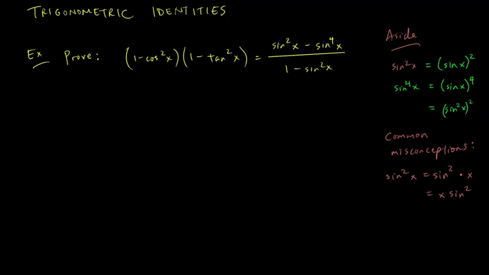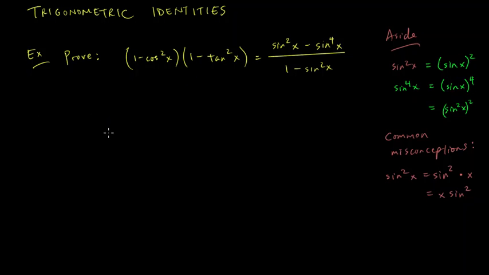Okay. So when you're looking at this, you're going to ask yourself, which one of these is more challenging? The left side or the right side, which one you want to deal with first? To be honest, these seem equally challenging, so it doesn't really matter which one you pick.